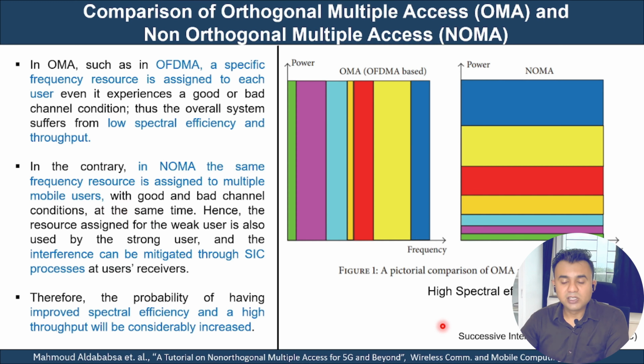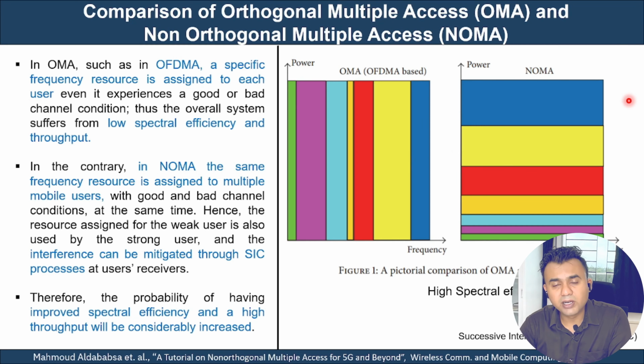However, at the receiver side, they must use successive interference cancellation to eliminate the power of the other users which are not of interest. Therefore, the probability of having improved spectrum efficiency and high throughput is considerably increased, because we have simultaneous access of the entire frequency range.